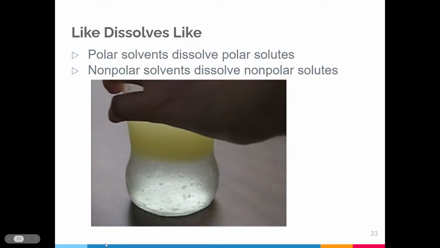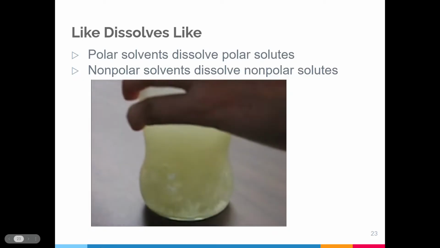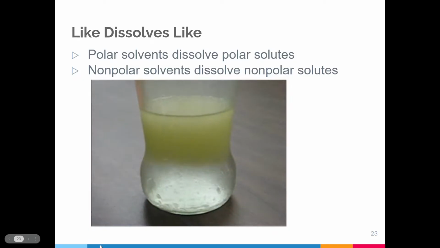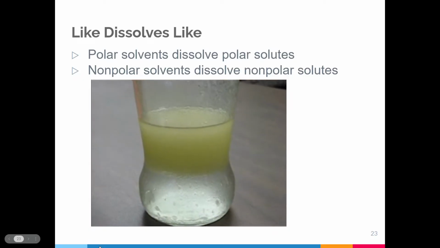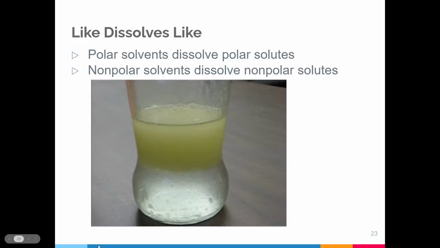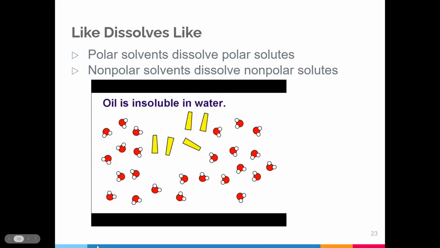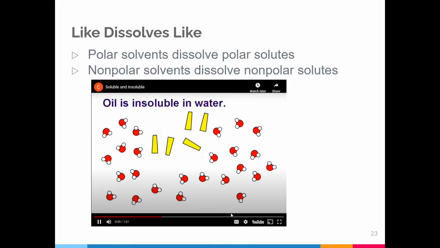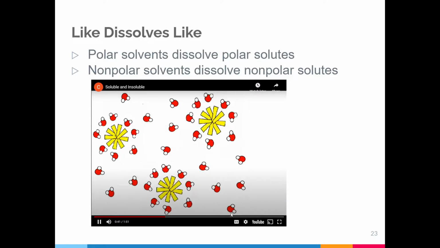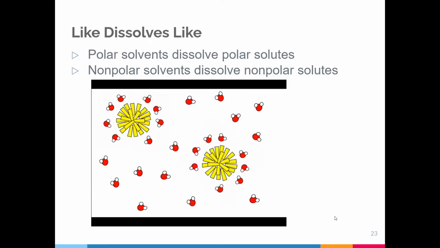Some things are insoluble in water. Oil is insoluble in water. The oil particles clump together, get surrounded by water, and rise to the surface. They do not mix with the water.